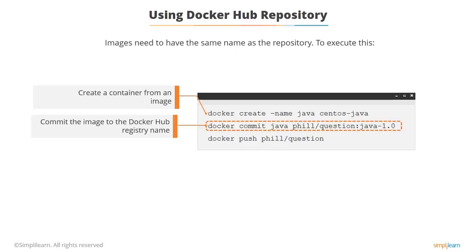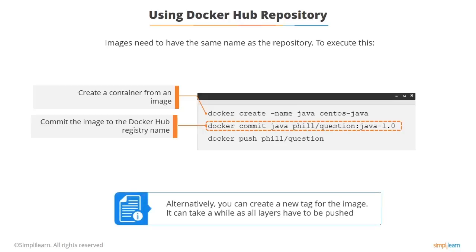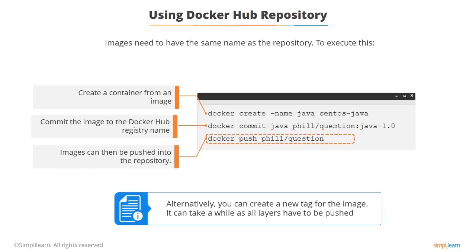And then because there's something slash in front of the name, that puts it to a particular registry. The name of the repository is in question, and then you've got the version number. And then you just push the image into the repository with the right name.